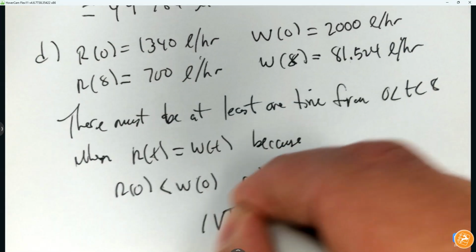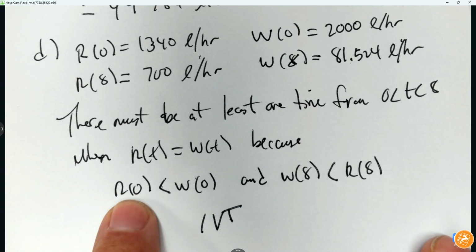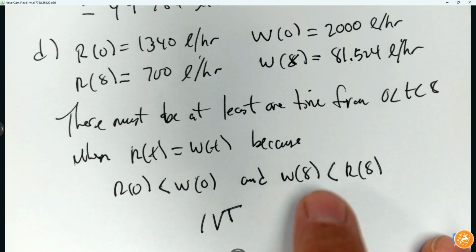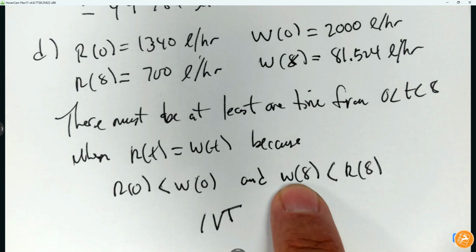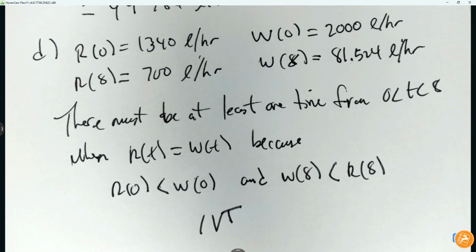This is called the intermediate value theorem. So at first the R rate is smaller, and then at the end the rate of water going in is smaller. So there must be a time where they cross. If one is bigger and then the other is bigger, there must be a time in the middle, at least once, where they're the same rate.